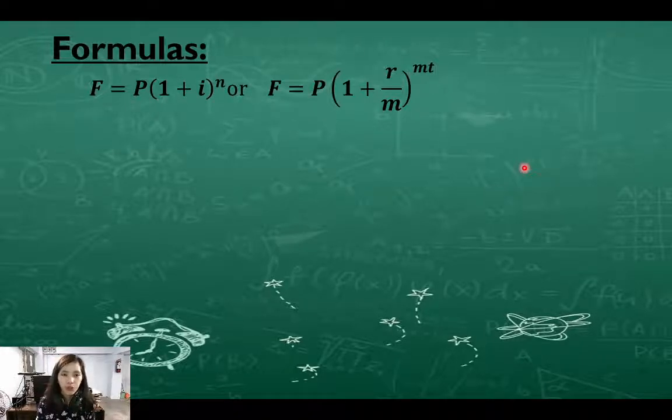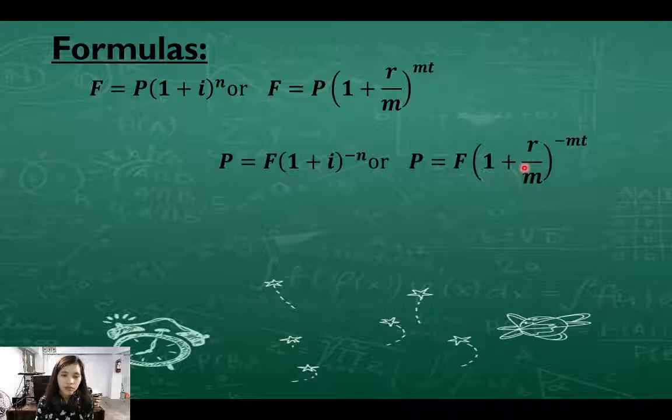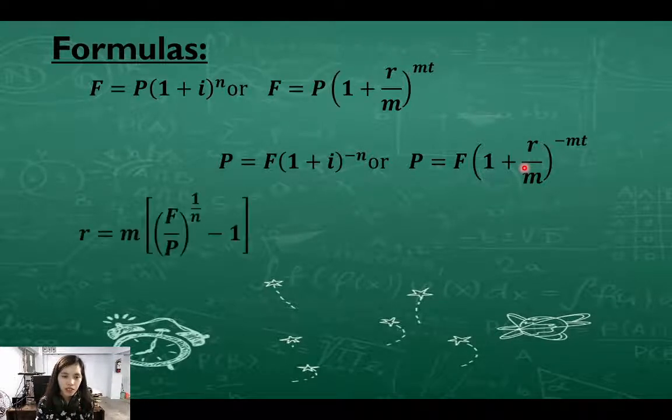For F, or for future value, we have F is equals to P times (1 plus I) raised to N, or F is equals to P times (1 plus R divided by M) raised to MT. For principal, we have P is equals to F times (1 plus I) raised to negative N, or P is equals to F times (1 plus R divided by M) raised to negative MT. For rate, R is equals to M times ((F over P) raised to 1 over N, minus 1).